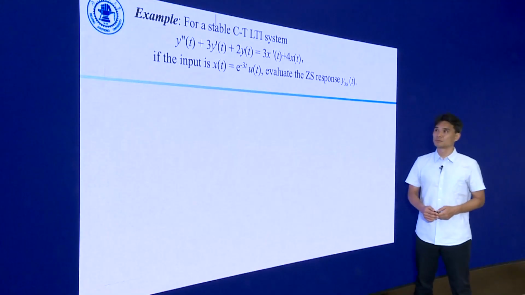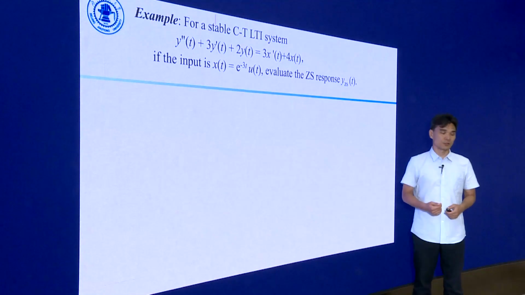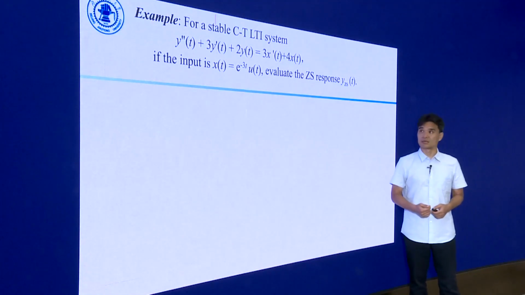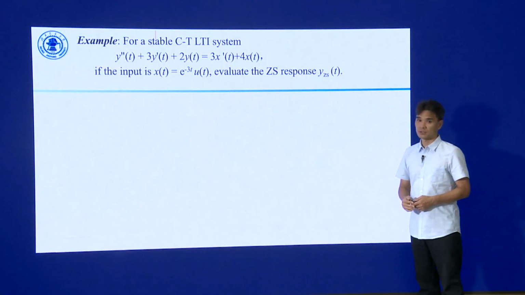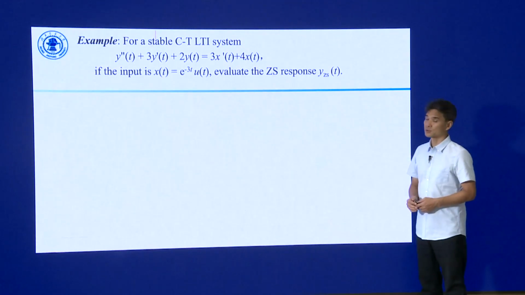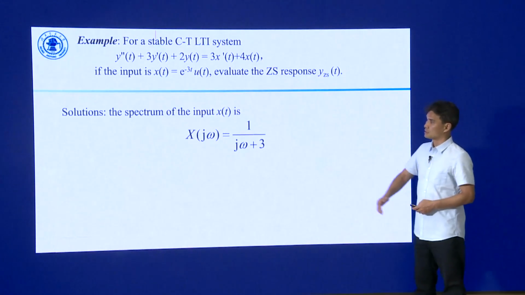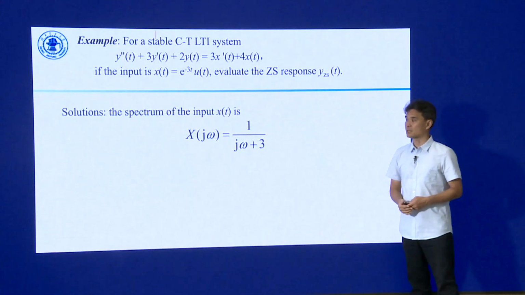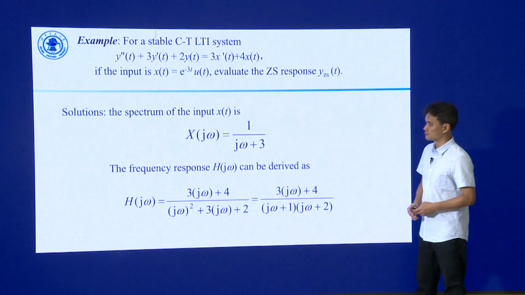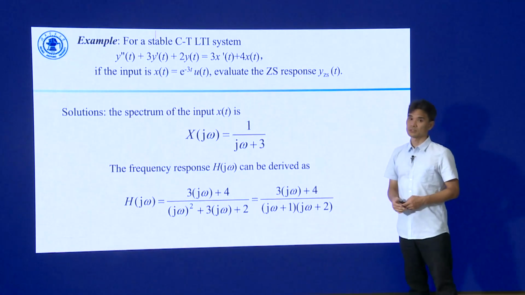Here's one example. We have a stable continuous time LTI system. It is stable, so the frequency response does exist. And if the input is given there, what is the system's zero-state response? It's quite straightforward: the system's input can be represented in the frequency domain, and the system's frequency response can be evaluated from the differential equation.